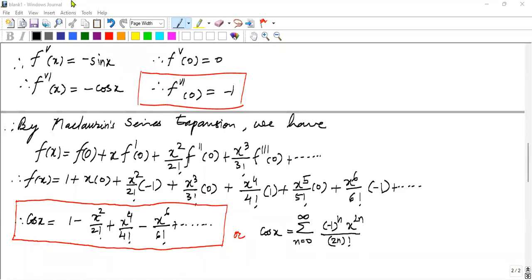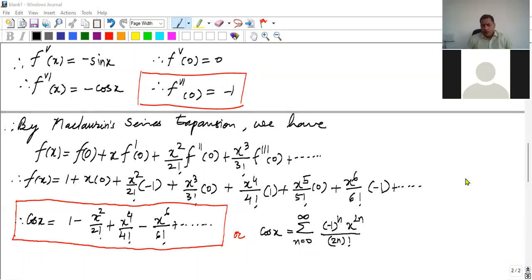And we have counted only the non-zero derivatives. So we always look for the non-zero terms. If they are going to be zero, then they will just vanish. So we have to consider non-zero terms.